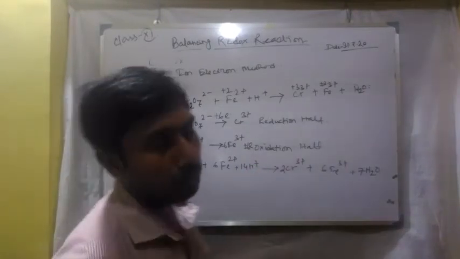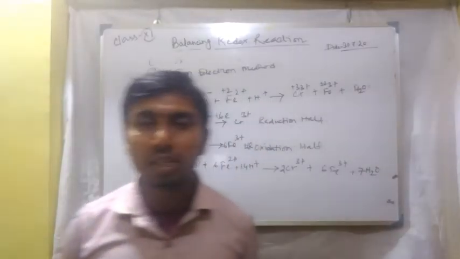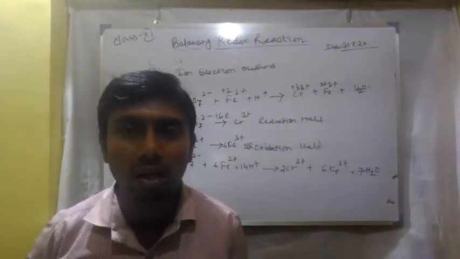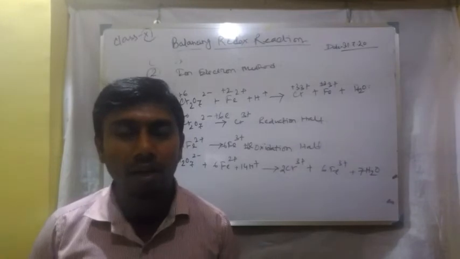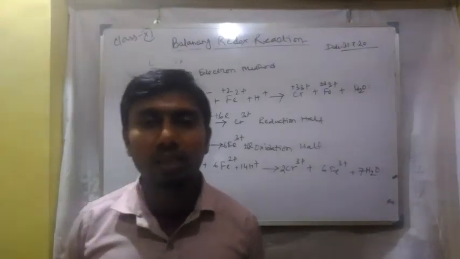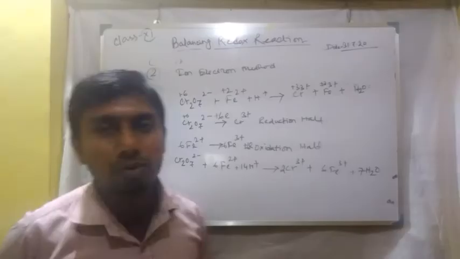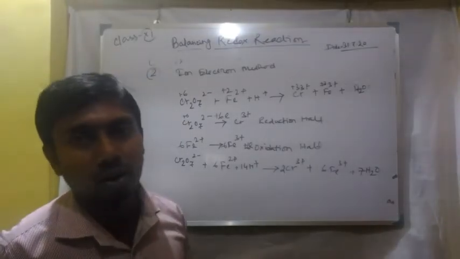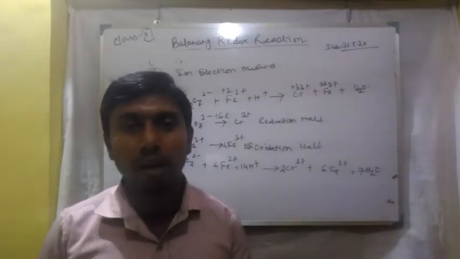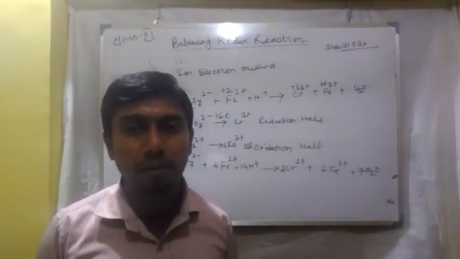Okay, so first of all, put down the oxidation state, find the oxidation and reduction halves, then equate the change in charge by using electron, that is for oxidation it is on the right side and for reduction it is on the left side.